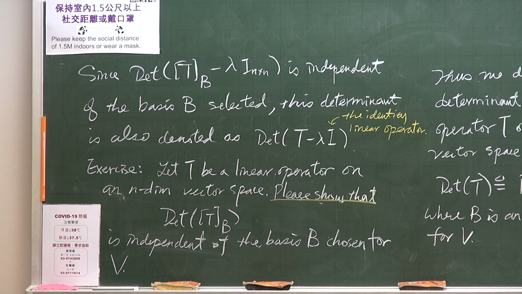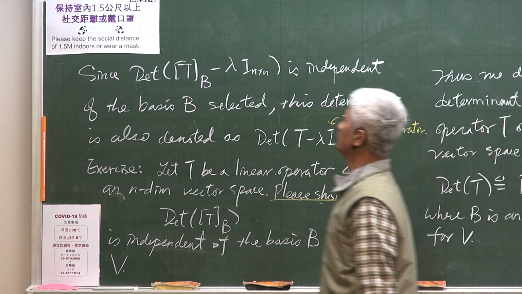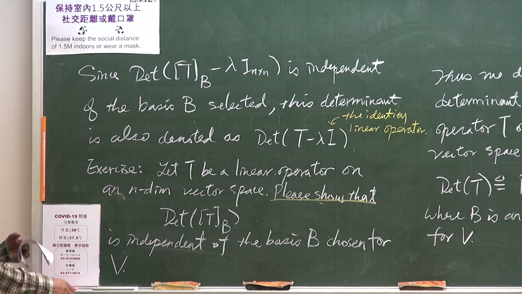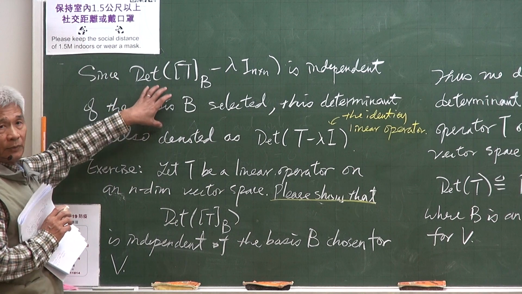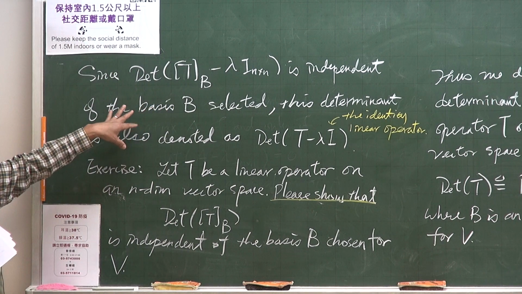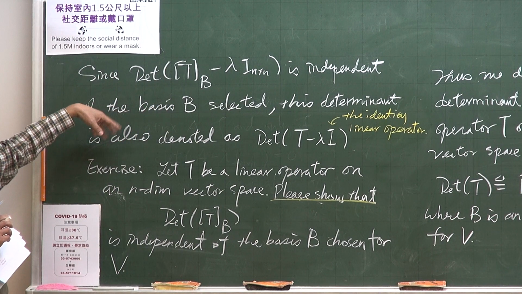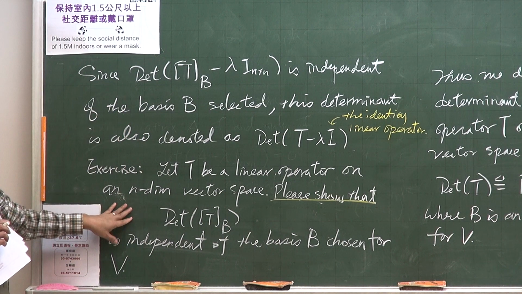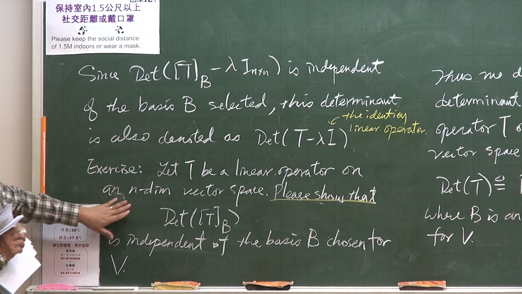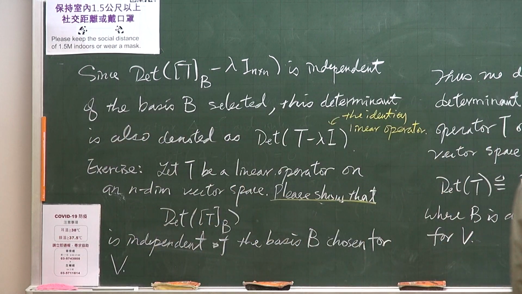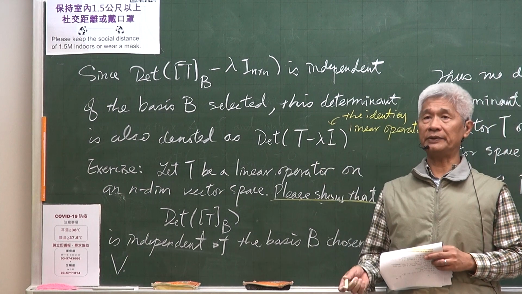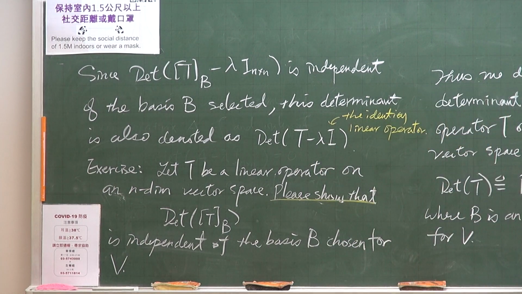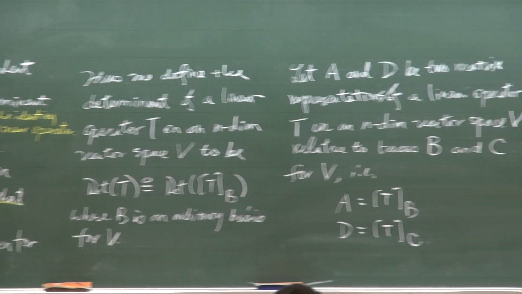And the technique you need to use is here. So this becomes a special case of this exercise. So later on, when we refer to determinants of a linear operator on a finite dimensional vector space, you know the meaning.